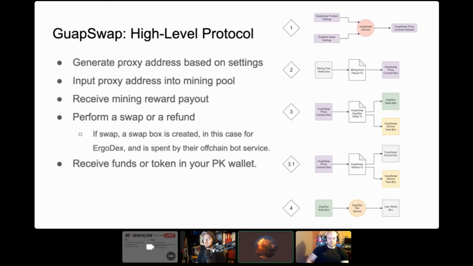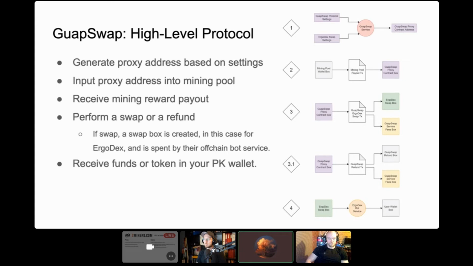Then you would use the GuapSwap command line interface, and there's 2 different steps you can take. You could either do a refund, right? Either sending the money back to your own wallet, or you could do a swap. So the swap will create an Ergodex swap box with all of the necessary parameters that were calculated based on the information you provided in the config file.